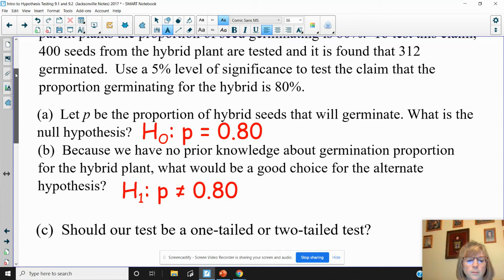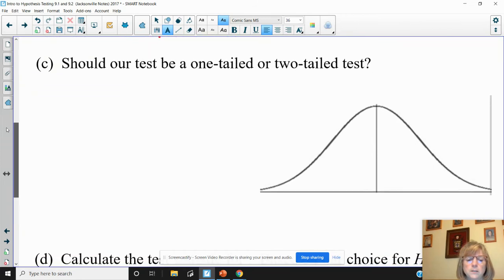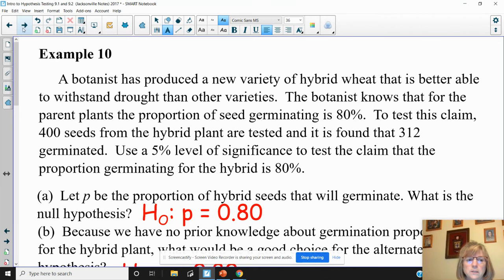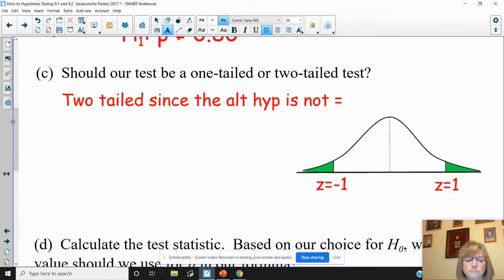We're just going to come up with our alternative to say that it's not equal to 80%. So P is not equal to 0.8. Should this be a one-tailed or a two-tailed test? Well, because the alternative says not equal, it should be a two-tailed test.